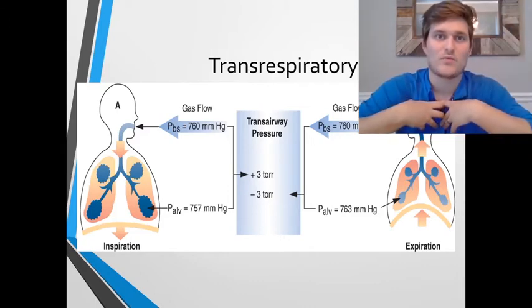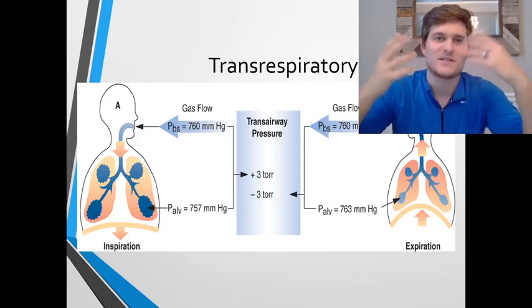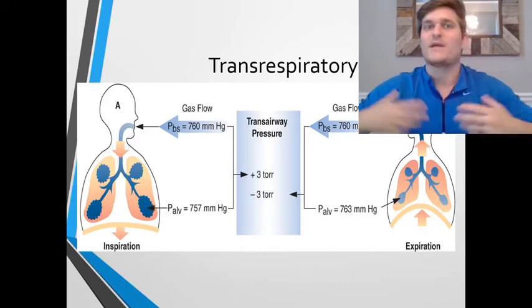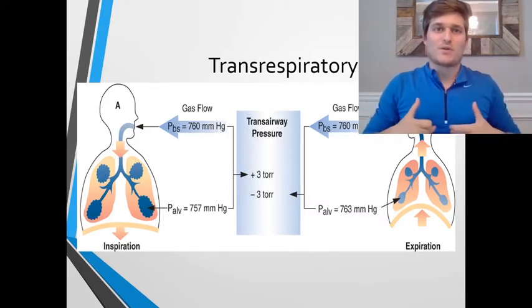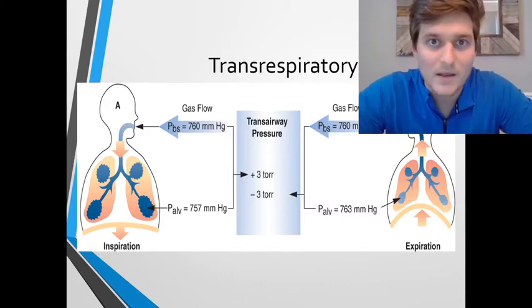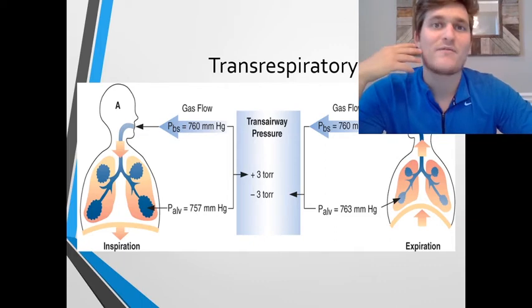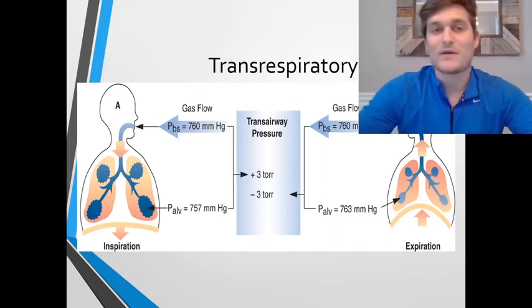And so since we cannot change the pressure of the atmosphere at sea level, what we can do is change the pressure inside of our lungs, inside of our alveoli, in order to either drive airflow in or drive airflow out. And so how do we do that?